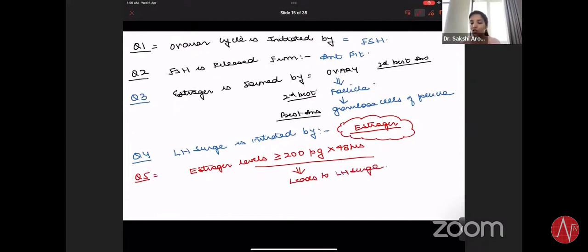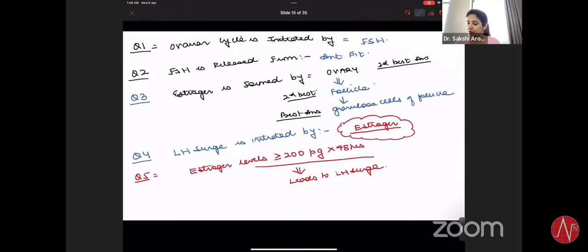So if estrogen levels are more than or equal to 200 picograms, then it leads to LH surge. Right? Then, have you copied till here, all of you? Yes?